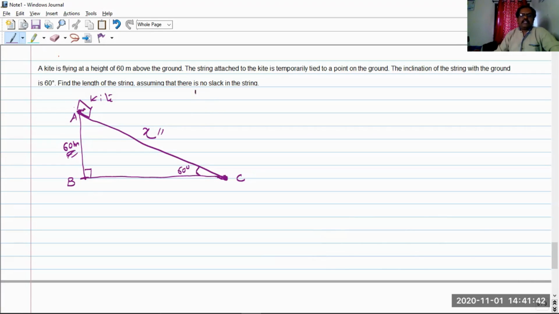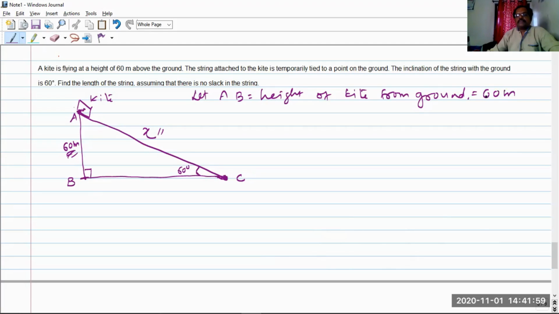So we can say AB is the height of the kite from the ground. It is given as 60 meters.